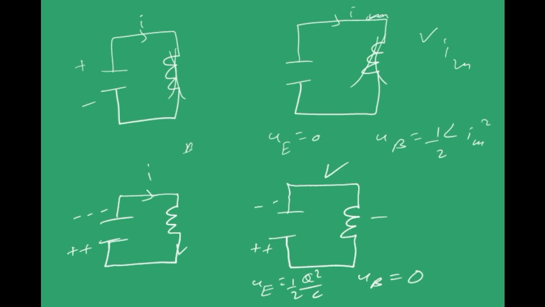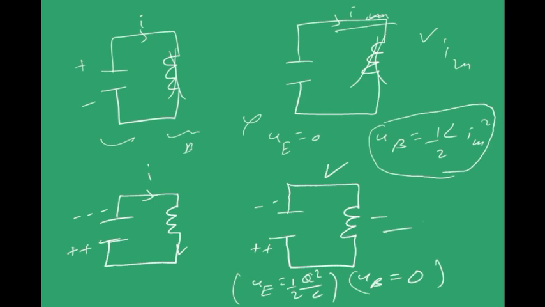While current is building up, the energy is shared between capacitor and inductor. And when the current is maximum, the whole energy is stored as magnetic energy, half L Im square, and inside the capacitor there is no energy. And finally, this energy is again converted into electrical energy, that is, energy stored inside the capacitor, and magnetic energy is zero. And this state is analogous to the first state, so the cycle repeats again in the reverse way. This is the typical cycle, or these oscillations just repeat.